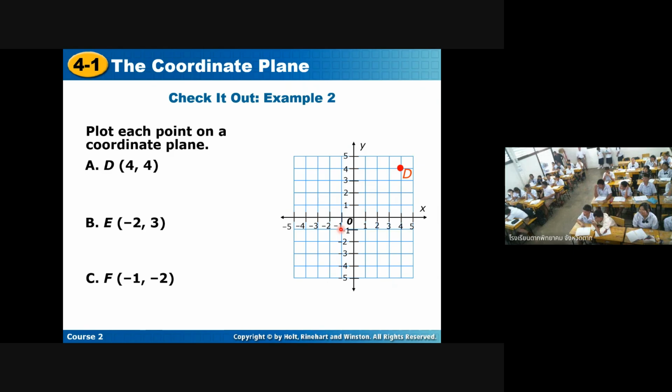That's negative 2 comma 3. Okay, that is where the point is. Negative 2 of x, positive 3 of y.